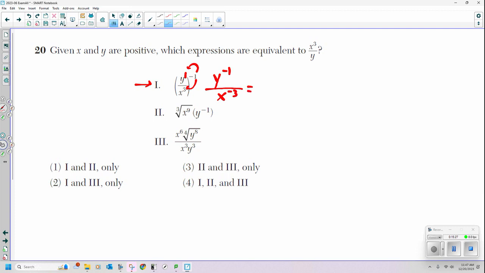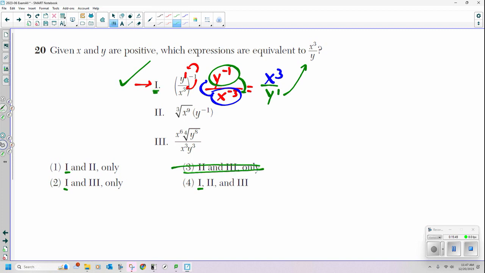Anytime I have a negative exponent, it needs to flip. This will come up, become x to the positive 3, and this will come down and become y to the positive 1. That's the same. Guess what? Bing, bing, bing. Number 1 works. My answer should have 1 in it. Choice 3 does not have option 1 in it, so that can't be the answer.